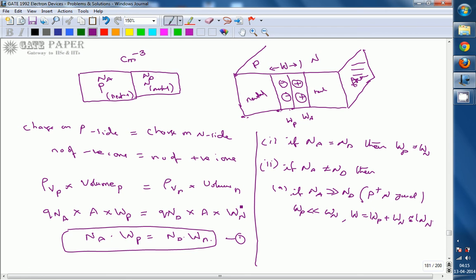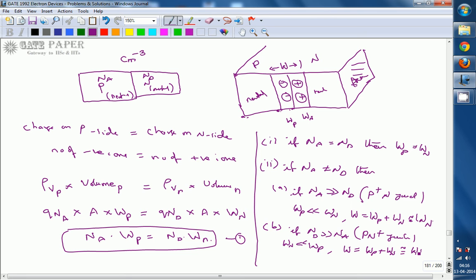So the entire depletion layer width is going to be on the lightly doped side only in this case. Now B: if Nd is very large compared to Na, the donor concentration is large, so it is a p n plus junction. In that case, Wn is going to be very small compared to Wp. So the total depletion layer width is Wp plus Wn, approximately equal to Wp itself.